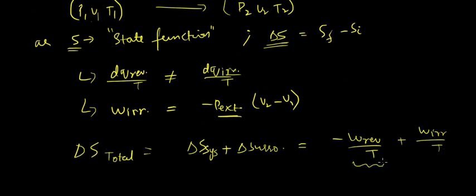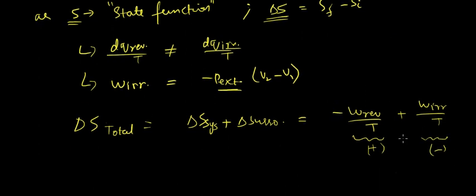Please note that this would be a positive quantity and this would be a negative quantity, because in both the cases expansion is involved, and the sign of W would be just the opposite of the sign of dV. So if dV is positive in case of expansion, W would be negative, and as W is negative, this term would be positive, and we already know that mod of W reversible is greater than W irreversible, so minus of W reversible would be a positive quantity and this would be a negative quantity, and still the sum would be a positive quantity.